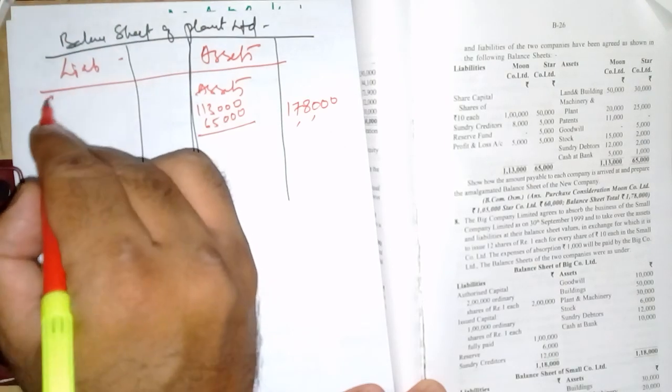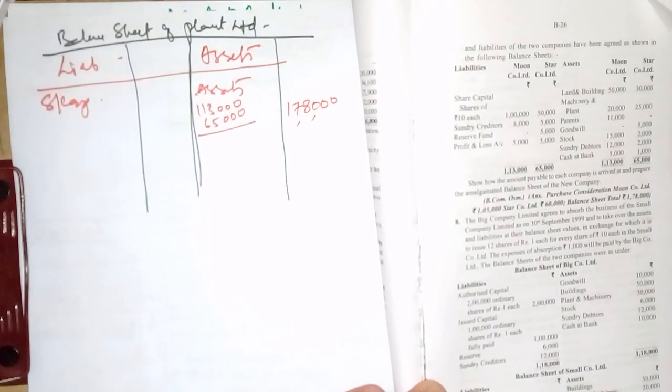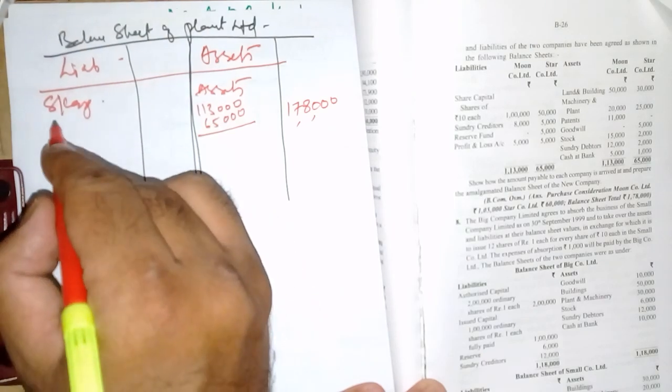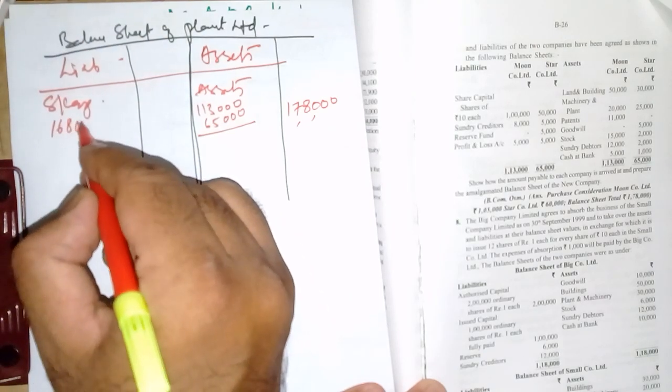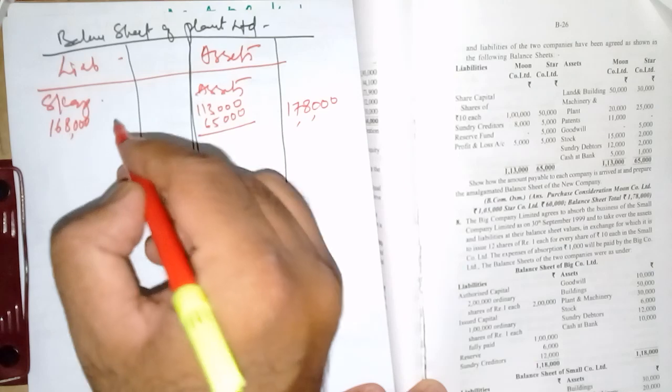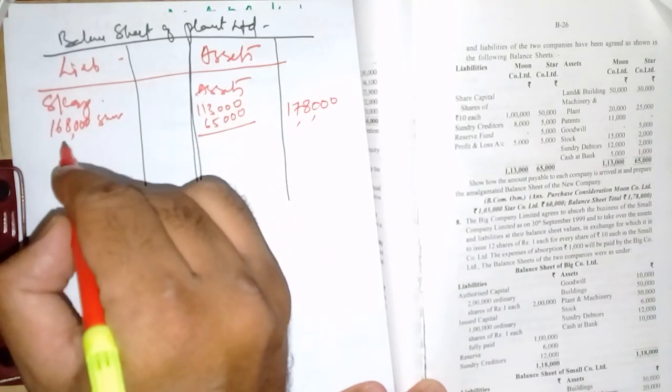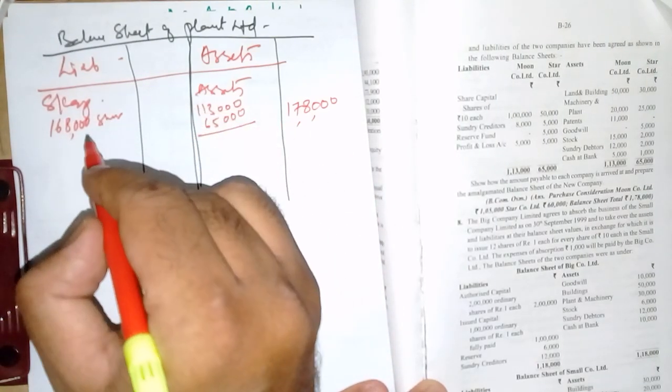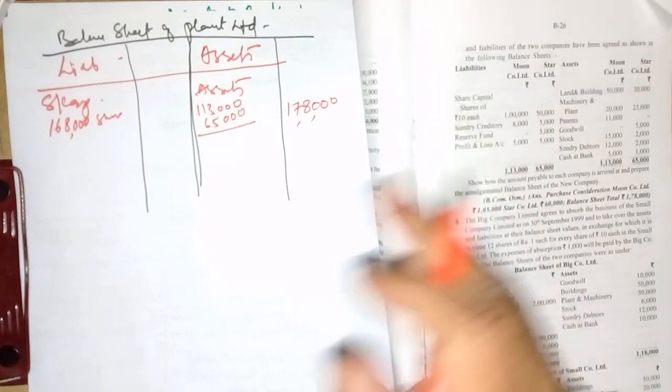In the liabilities part, first we write share capital. Under that, the PC is how much? PC is 1,08,000 plus 60,000, so 1,68,000, right? Shares. What was the share value of each? 10 rupees.